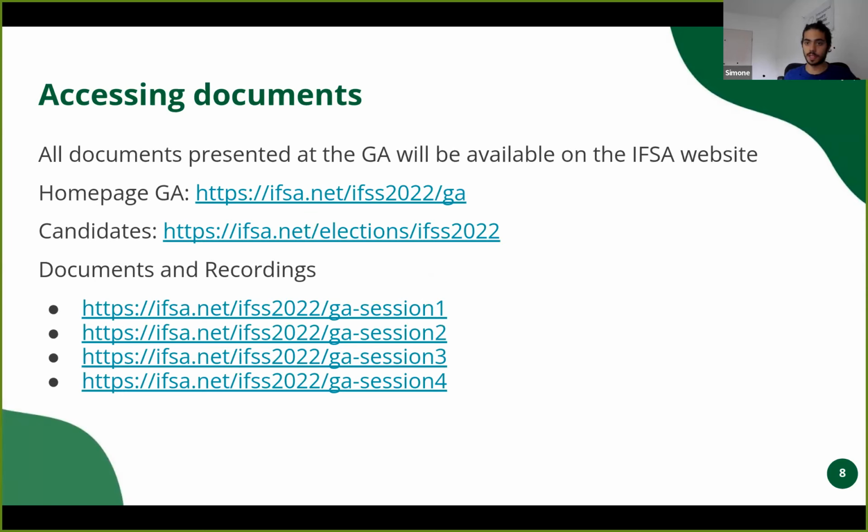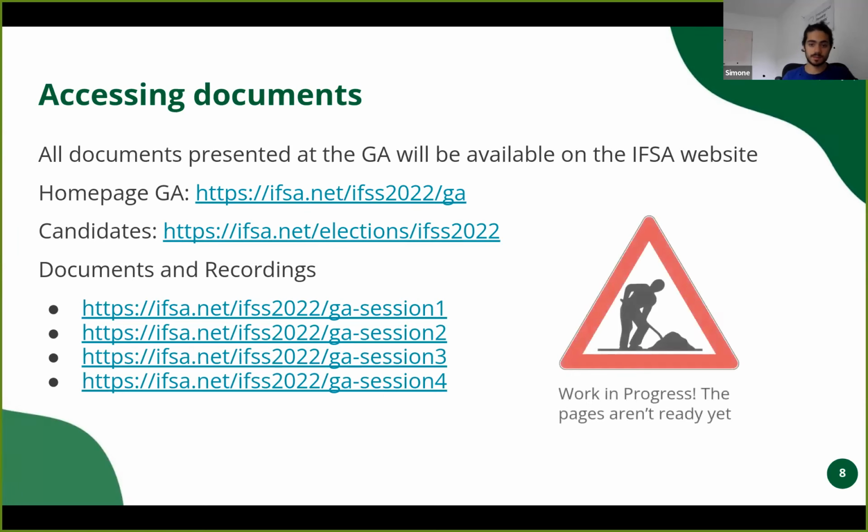Same thing for the candidates: all the candidates are going to be on one page, so you can see them. This is the list of all the links. Warning, this is work in progress, so it's not done yet. If you go to this link now, you won't find anything, but it's going to be ready 2 days before the GA. So then you have all the info there.